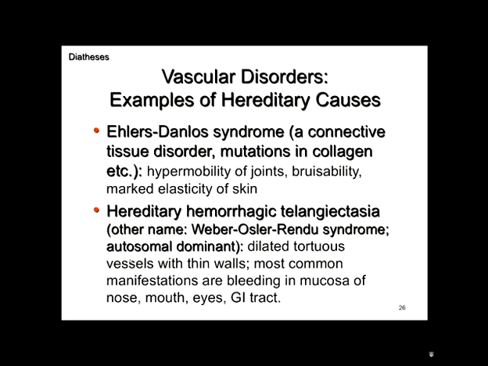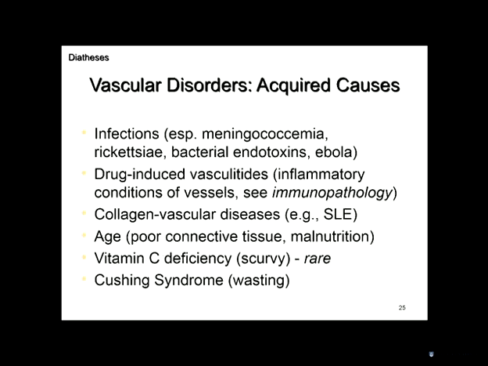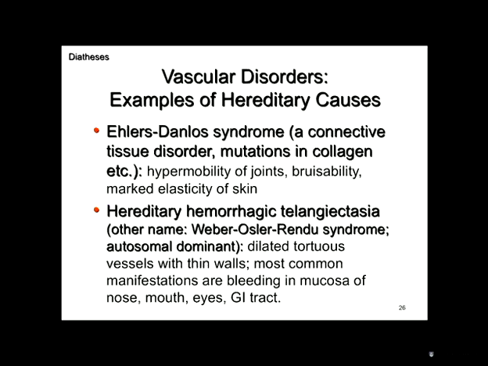The condition I just showed you, this condition here, is actually an example of what's called hereditary hemorrhagic telangiectasia. Why do we need to know about it? Well, even though it's not very common, here's another name, Weber-Osler-Rendu syndrome.